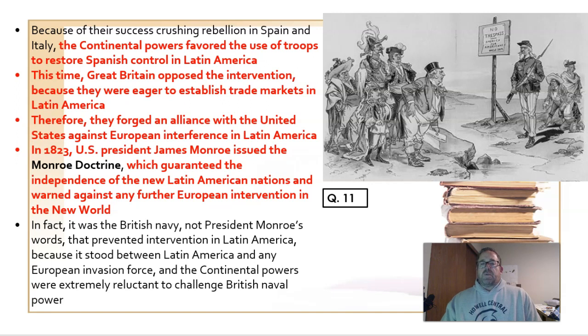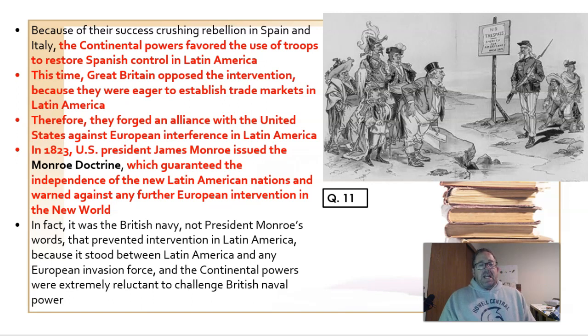And so they were unwilling to reestablish the control. With them being the strongest naval power, it was going to be up to them to help with the principle of intervention, but they weren't willing to do so.